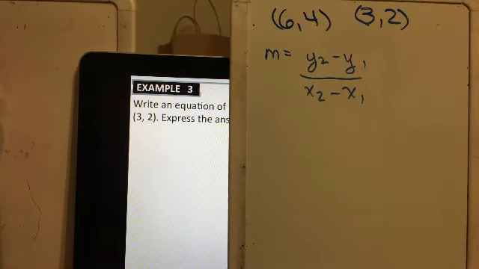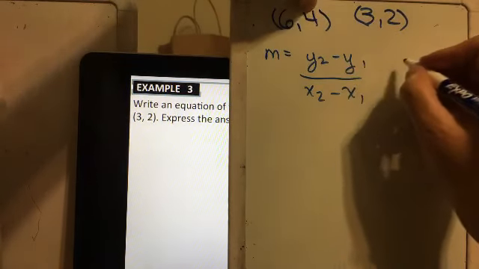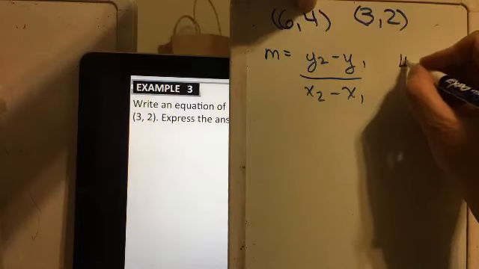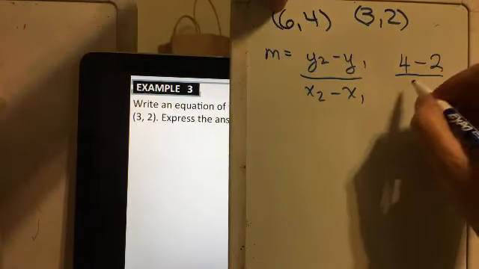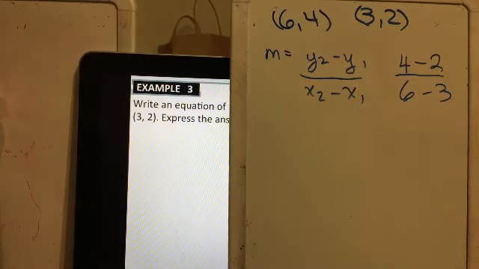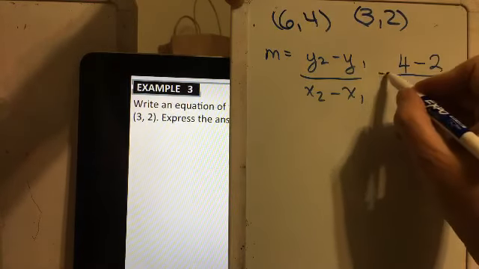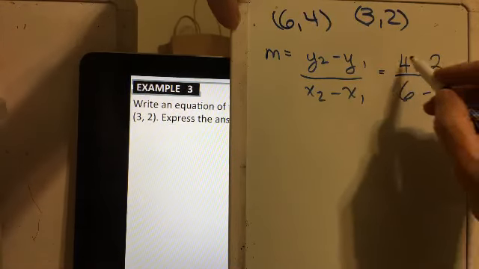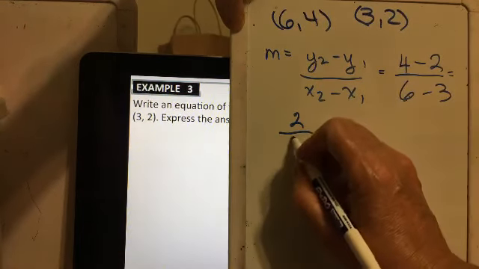I just have to be consistent. So I'm going to let this be my y2 here. So I'm going to have a 4 minus a 2 on the top, and a 6 minus a 3 on the bottom. So when I take care of this, it's going to be 4 minus 2 is 2, over 6 minus 3, 3.